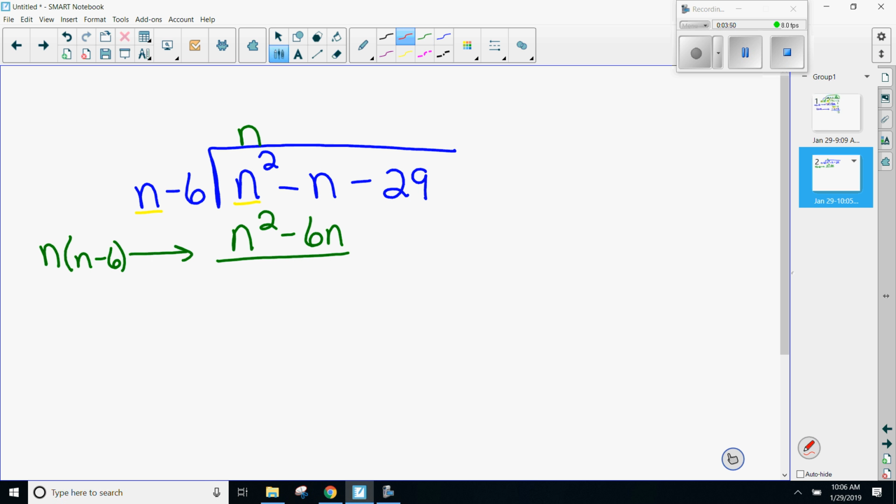But you want to subtract those. So I subtract n squared and I subtract negative 6n. Minus negative 6n means plus 6n. That's why we say change the signs. So the n squareds cancel, and negative n plus 6n is 5n. Put it in.